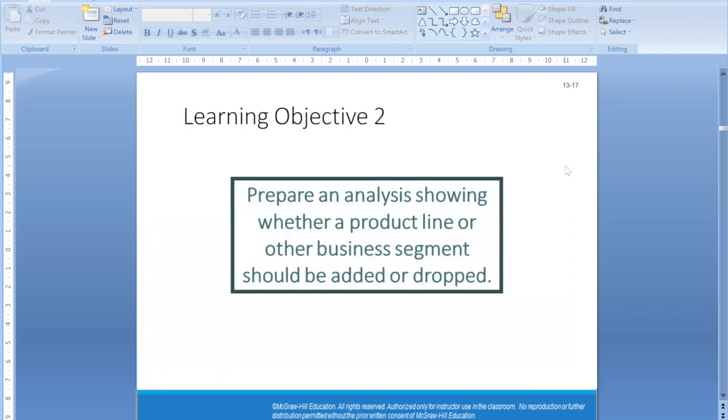Learning objective number 2: prepare an analysis showing whether a product line or other business segment should be added or dropped. One of the most important decisions that the company can take is adding or dropping a line or a segment. Dropping means deleting or closing.